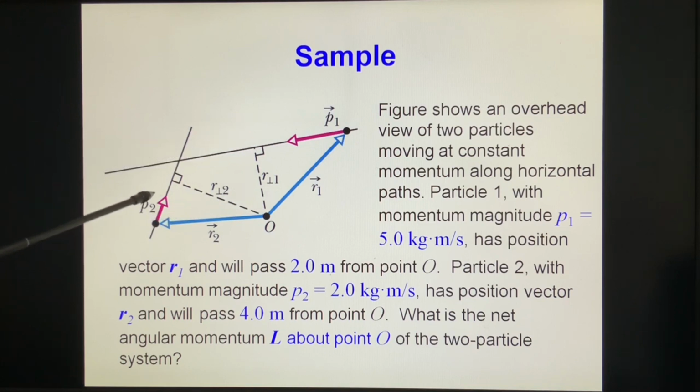Particle 2 with momentum magnitude P2, 2.0 kilogram meter per second, has position r2 and will pass 4.0 from point O. What is the net angular momentum L about O of the two particle system?